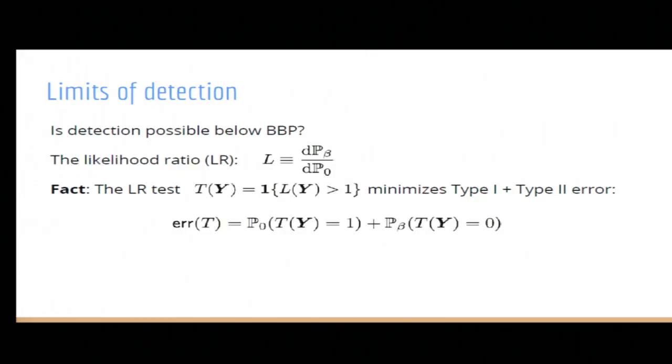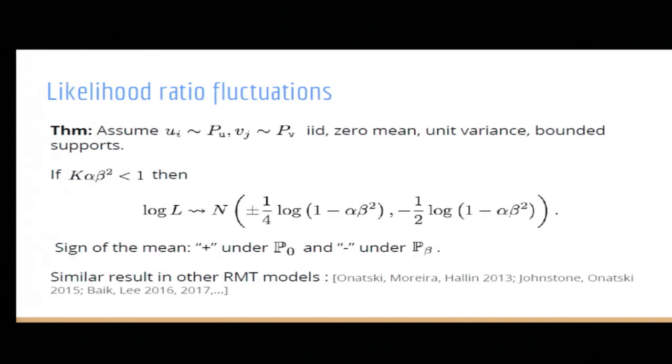So the error of the test is just the sum of the type 1 and type 2 errors, right? And this test minimizes that. That's called the Neyman-Pearson lemma. So the whole question boils down to understanding the behavior of L, right? How does it fluctuate? How does it compare to 1? What is the order of magnitude of L?